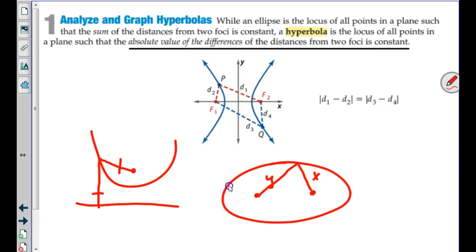Well, this one is real wonky, and it's hard for me to understand. But if you measured from any point on the hyperbola to both foci, and then you subtracted that difference, it stays the same all the time.